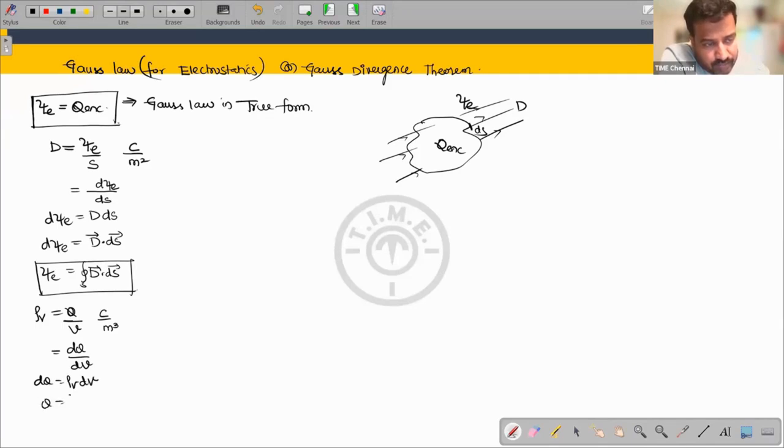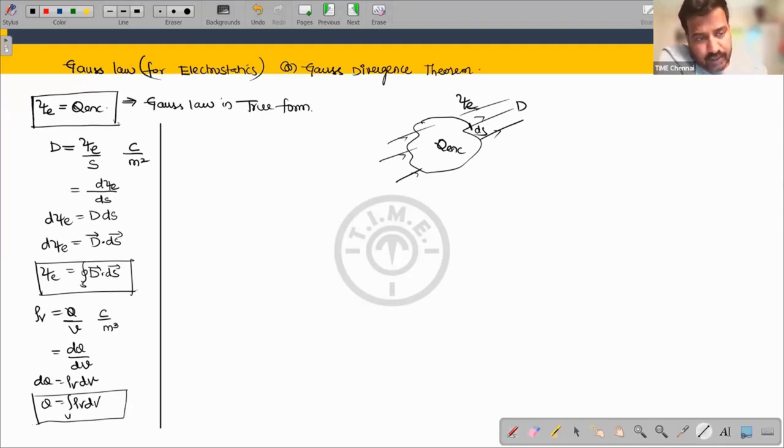From this, q is volume integral of rho v dv. Now this is your RHS. When you equate this LHS to RHS, then you get closed surface integral D dot ds is equal to volume integral of rho v dv.